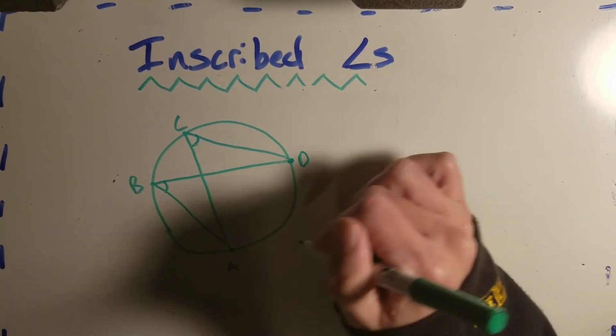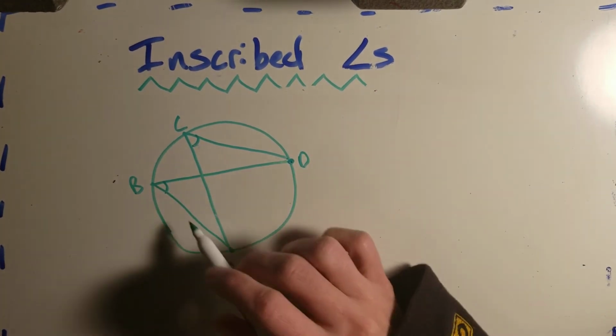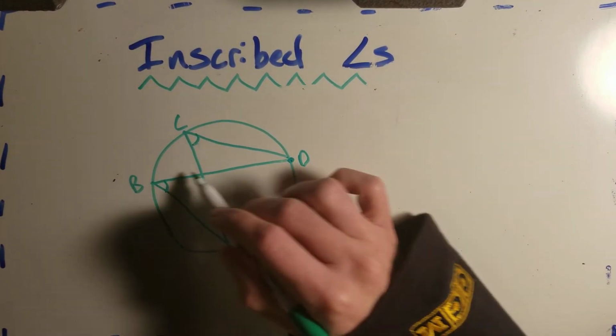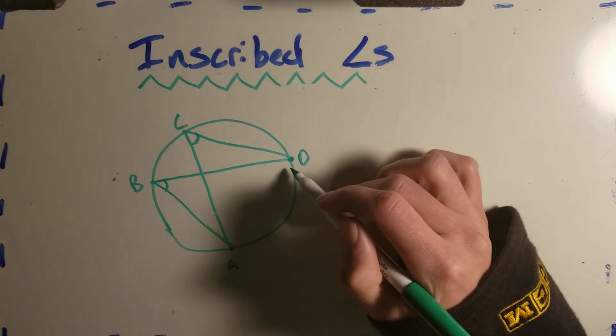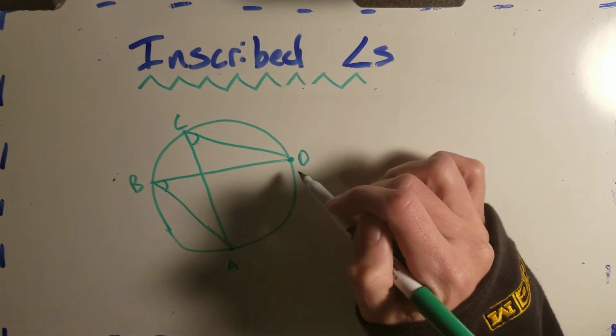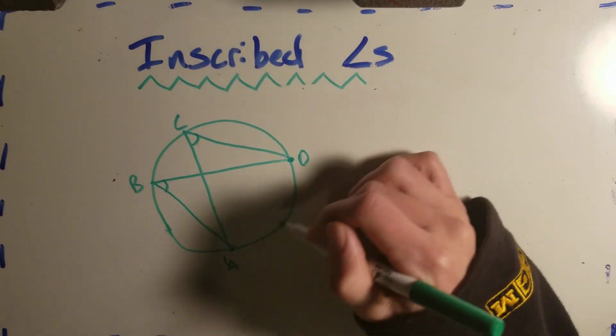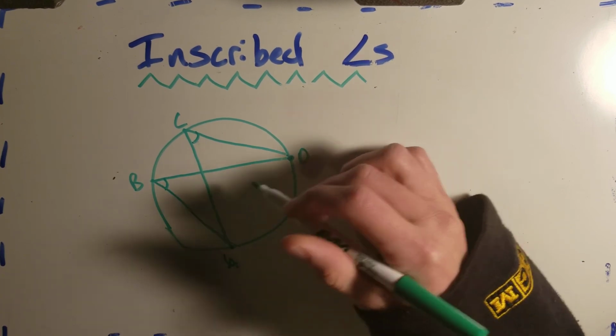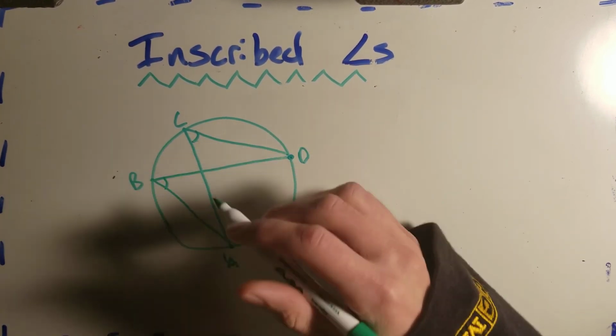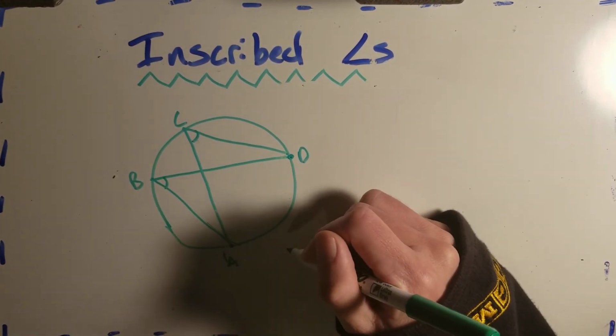Since angle DBA has arc AD, and DCA is also intercepting arc DA, these angles would be congruent because they're intercepting the same arc.